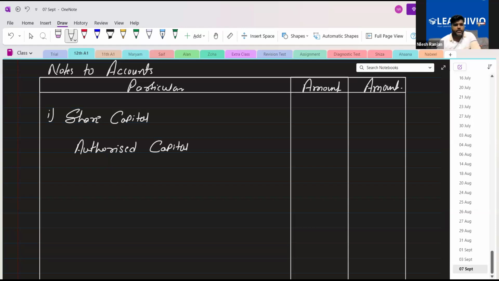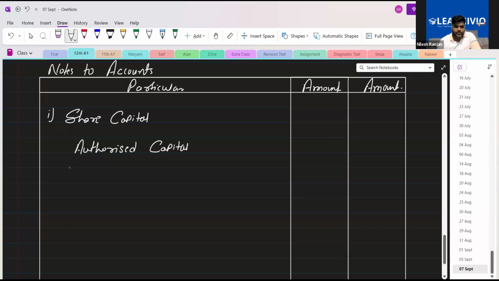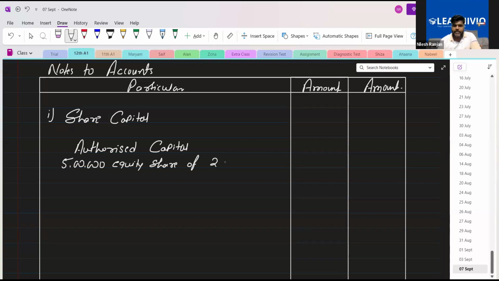Authorized capital is given in the question. It is 5 lakh equity shares of rupees 10 each. So it means 50 lakh.